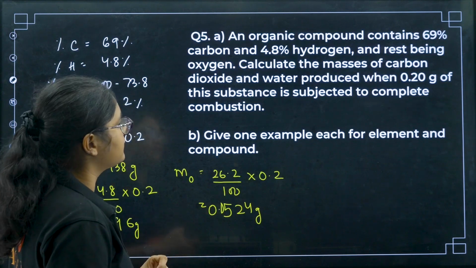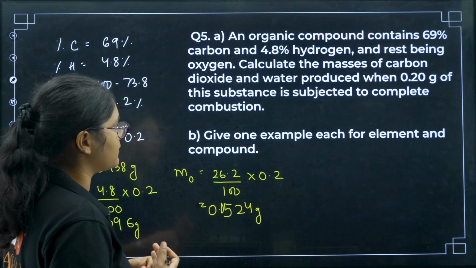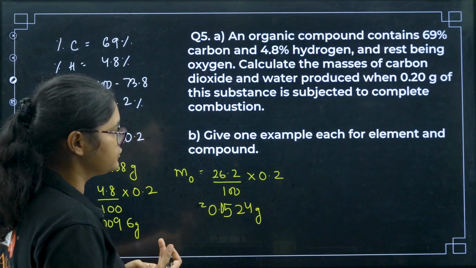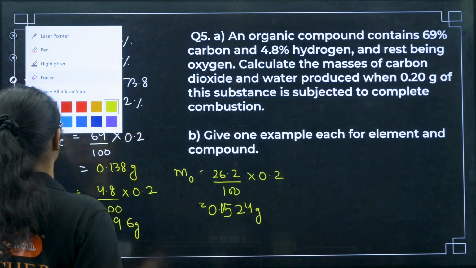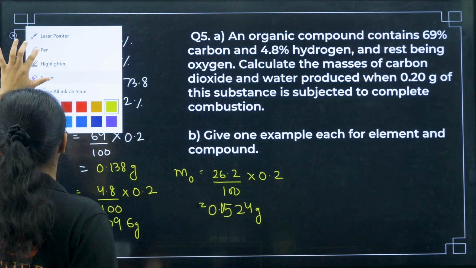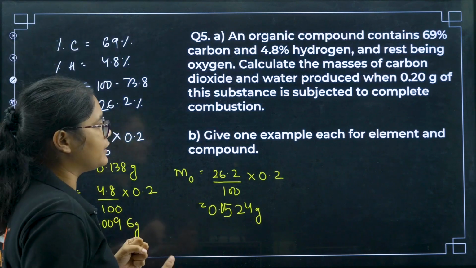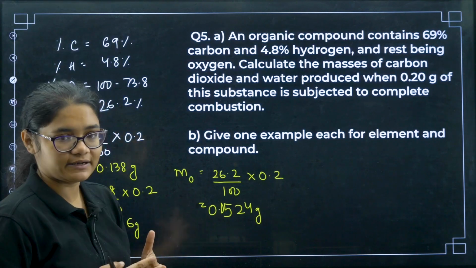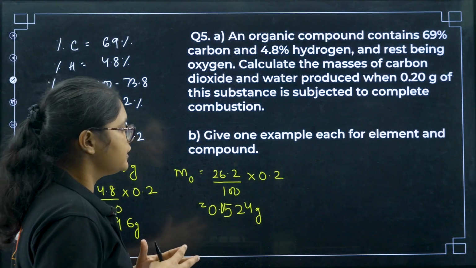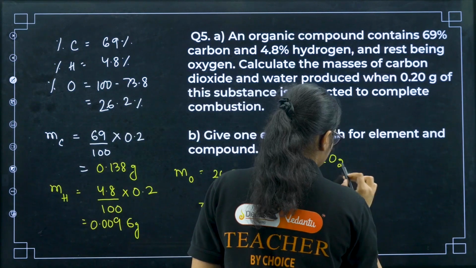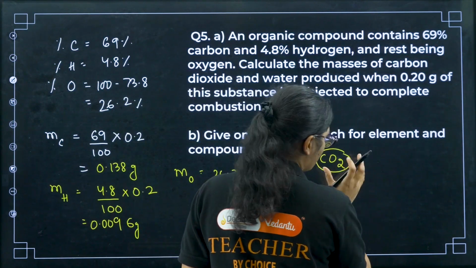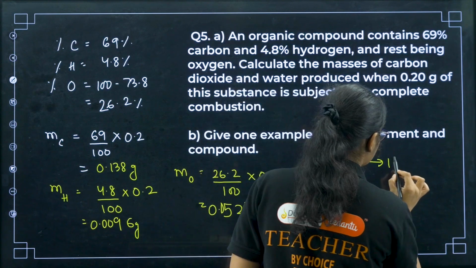Now the question asks you to calculate the masses of carbon dioxide and water produced when 0.2 gram of this substance is combusted. So now see how to do it. You have to calculate the mass of carbon dioxide that will be produced. In 1 mole of carbon dioxide we have 12 grams of carbon.